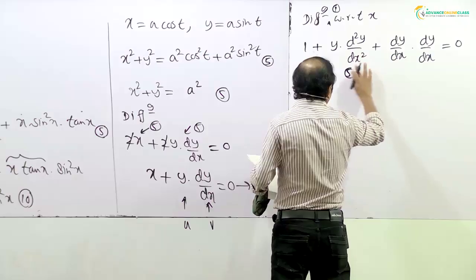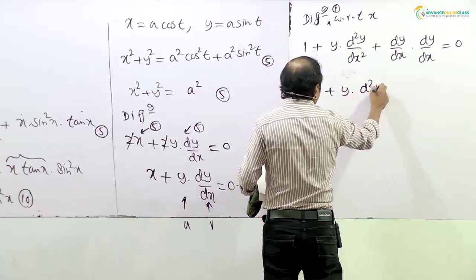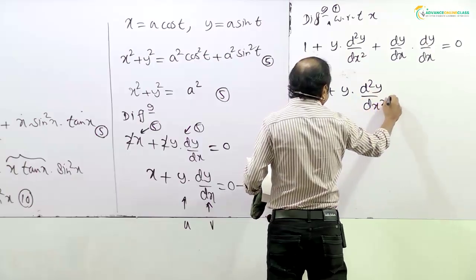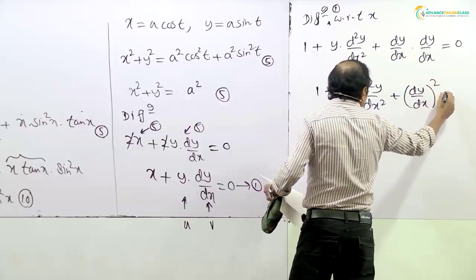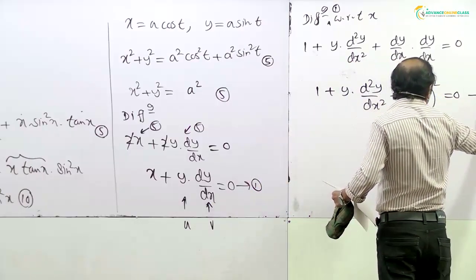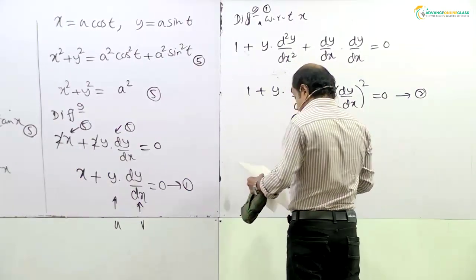Really, this one I can write as 1 plus y, second derivative, plus dy by dx perfect square, equals 0. This is number 2. For this 5 marks, this 5 marks.